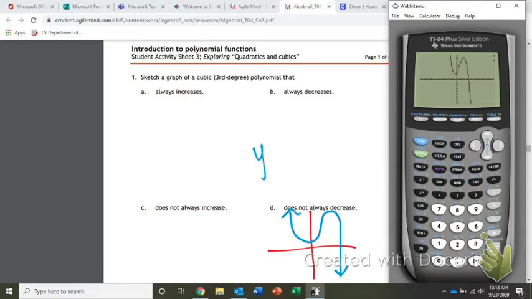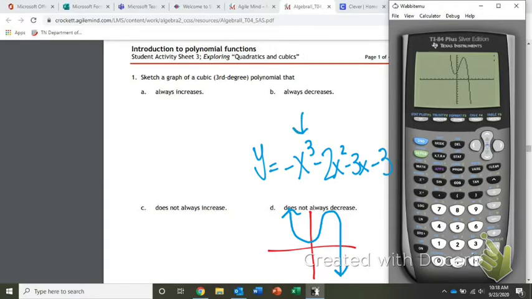This graph is y equals negative x cubed minus 2x squared minus 3x minus 3. This is also a third degree polynomial.